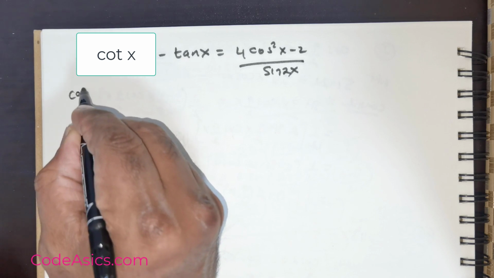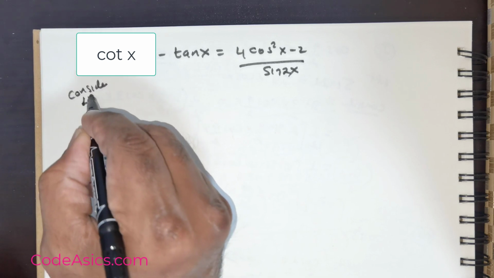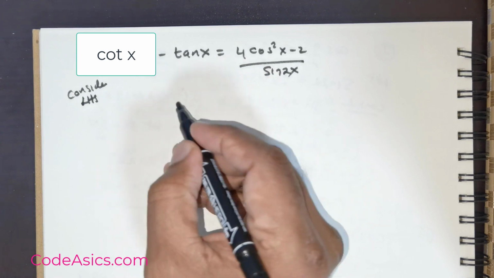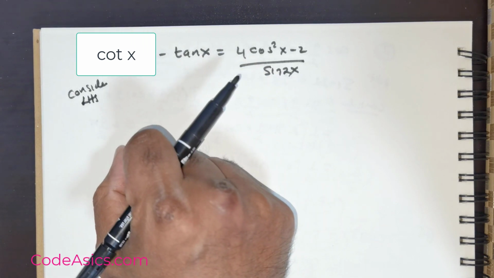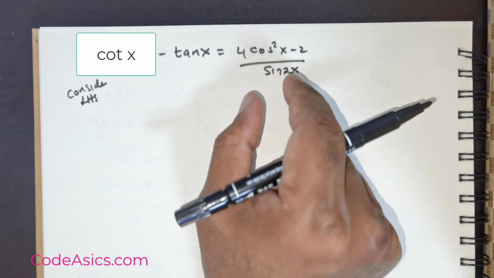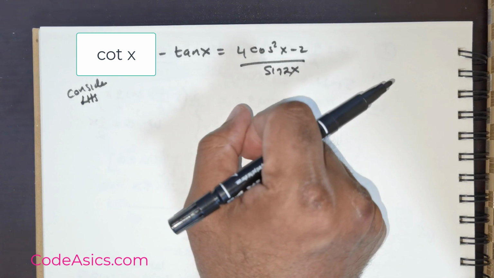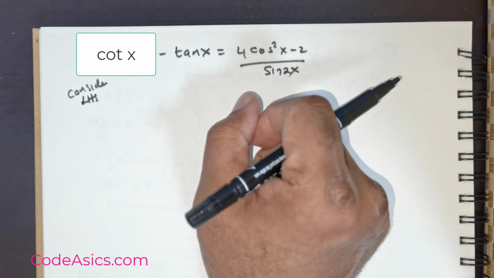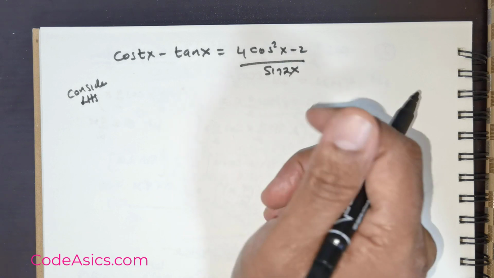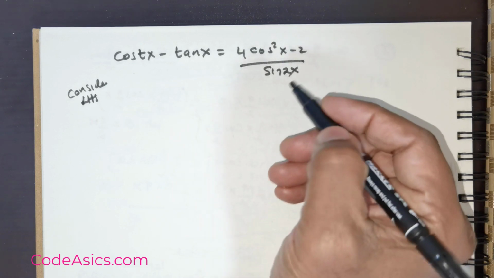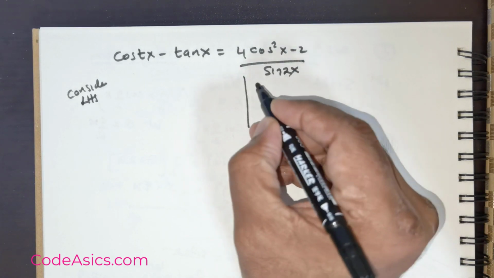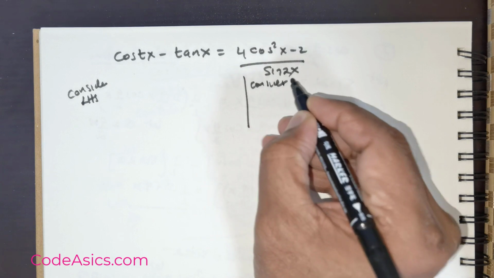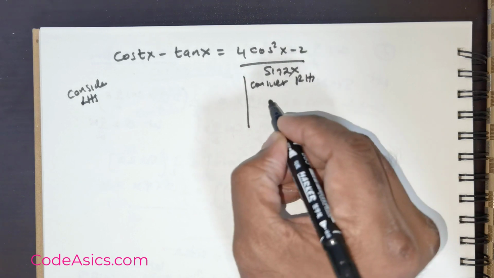So consider the left hand side. It's going to be a little bit lengthier if we use the left hand side, but if we were to use the right hand side, the solution would be quicker. Probably, let me just try both sides. So consider the right hand side.